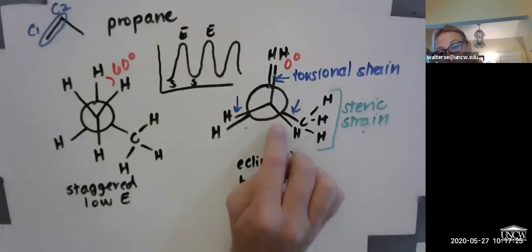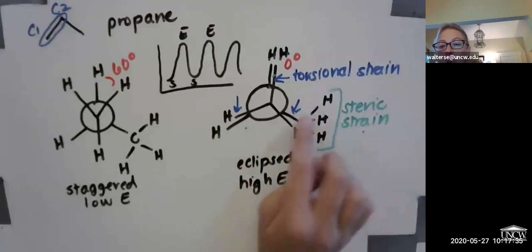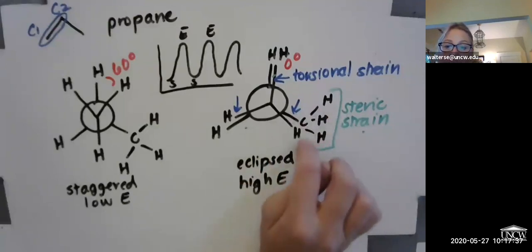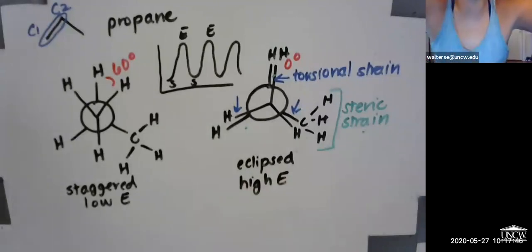But the torsional strain is just 2 electrons in a bond overlapping 2 electrons in a bond. So you might see slight differences, but you're really going to see more differences in energy based on the sizes of the groups that are competing for space. Did that answer your question, Karen? Yeah, thank you.